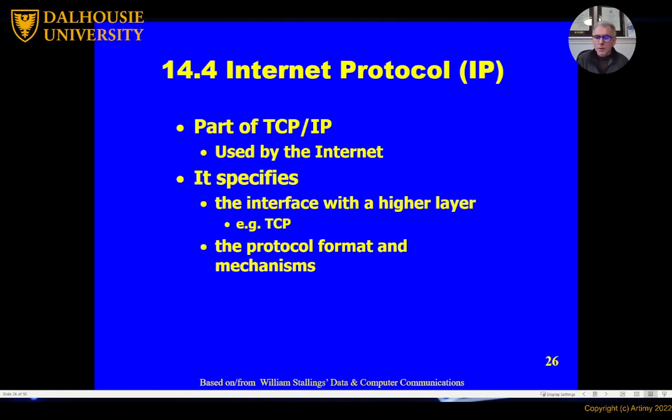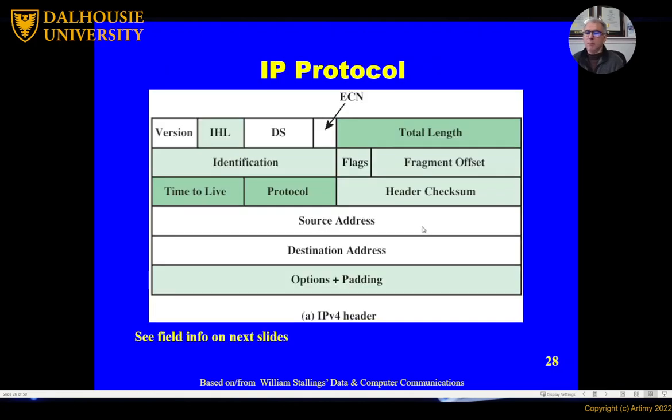I think by now we have talked about IP so much that I don't know what else to talk about, except that we probably need to look at the actual frame of the IP protocol, and we have an entire course that talks about TCP and IP. So there is plenty of information to discuss yet, but in this case, we're just going to look at the header itself.